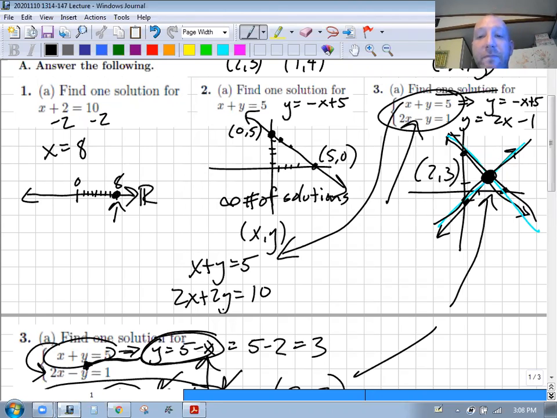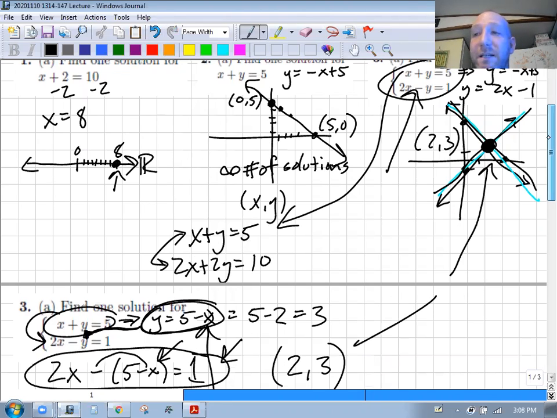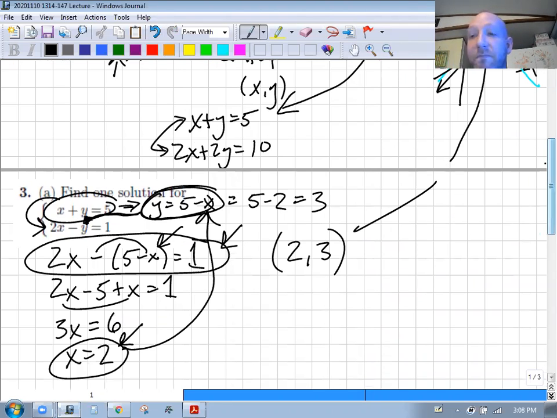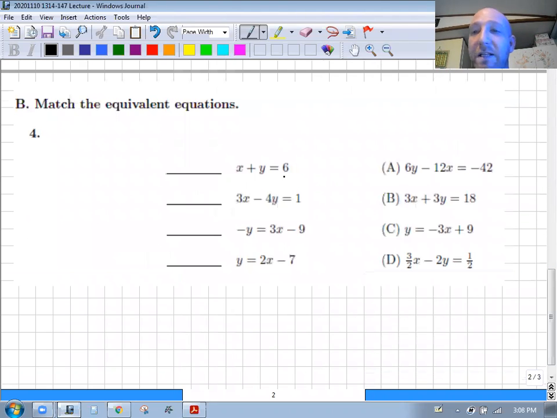This is the exact same as this. The solutions are the exact same. If you graph them, you get the same line. So these are not independent. These are what we call equivalent equations, meaning they have the exact same set of solutions. So if we're looking at these, we want to pair these up with their equivalent equations.